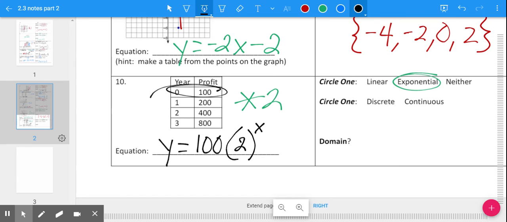Because this is talking about the profit earned each year, we're going to assume this is discrete, that the profit is only calculated at the end of the year, because you may have months with profit and some months with loss. So we're going to look at it at the end of the year, which means our domain is going to be all of the values in the left-hand column, 0, 1, 2, 3, and we can assume that it continues following the same pattern.